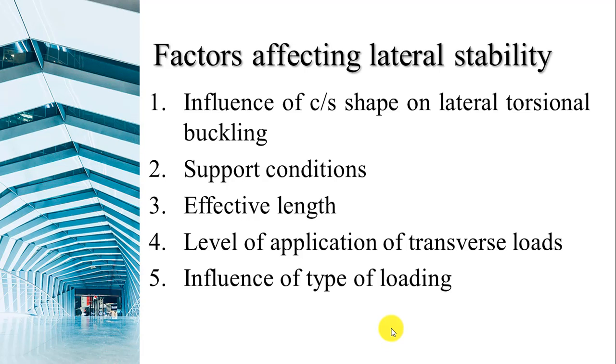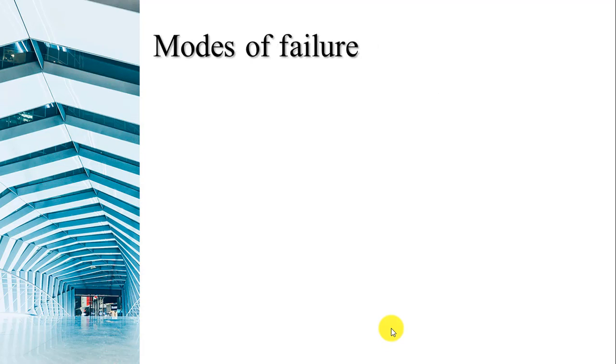Even those end moments can be different, and hence, generally it will not happen that at the ends the bending moment will be equal and opposite. It may change because of different conditions or because of the loading, and that is why again it will affect the lateral stability of the beam. So these are the different factors which affect the lateral stability.